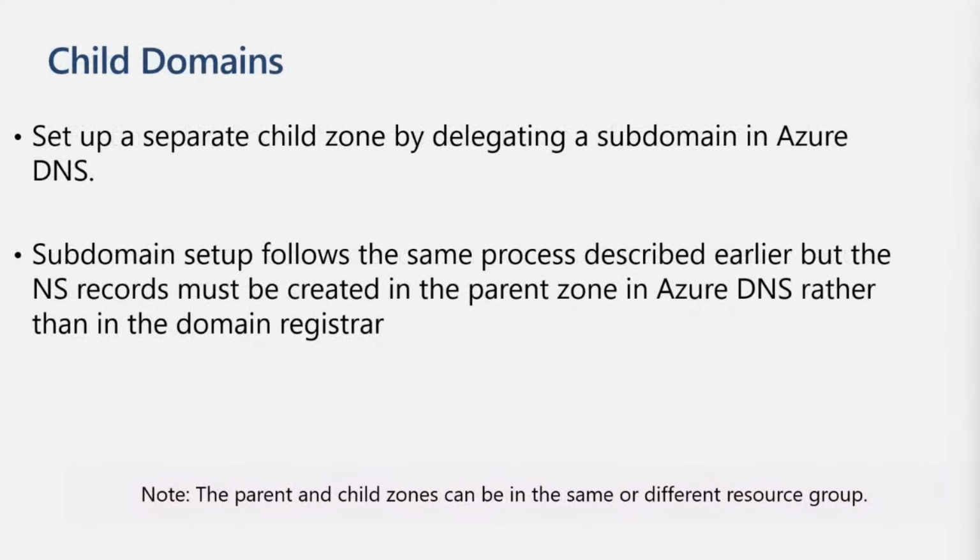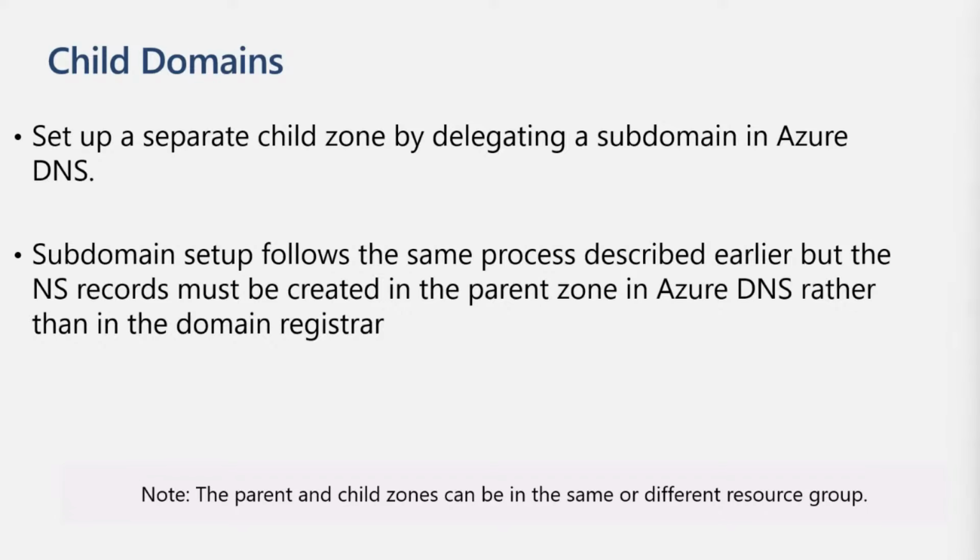Another topic to think about is child domains. You can set up a separate child domain by delegating a subdomain within Azure DNS. For example, you can configure a separate child zone within your DNS, depending on what your needs are. The process for setting up this subdomain follows the same process as the typical delegation that we discussed earlier.